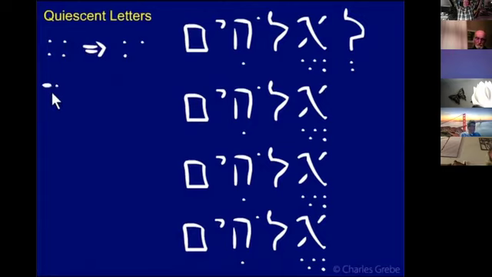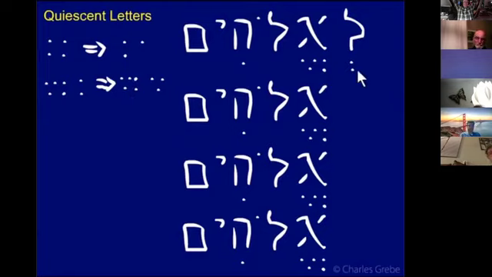If we have a compound shava, like a chataf segol and a regular shava, then what happens, you remember? The first shava becomes the short vowel that corresponds to the compound shava. So in this case, segol. So this one changes to segol, and the second one stays.